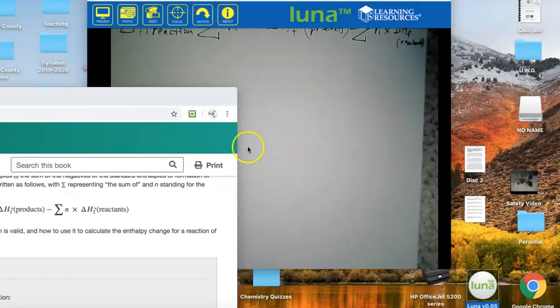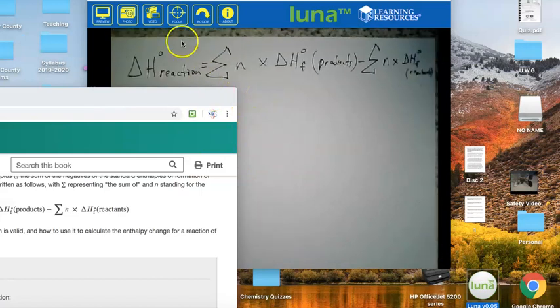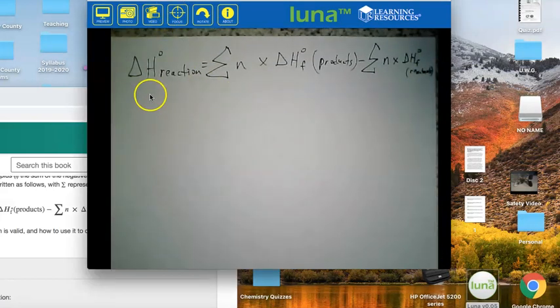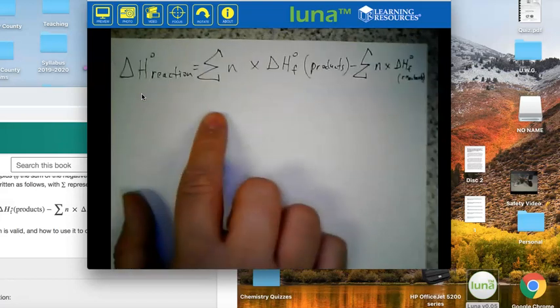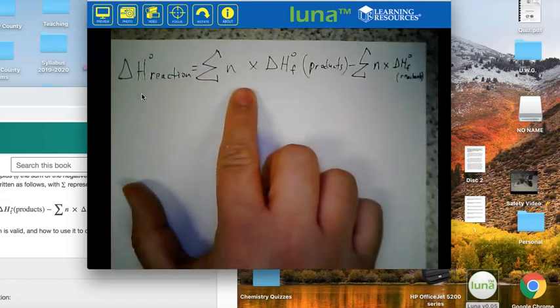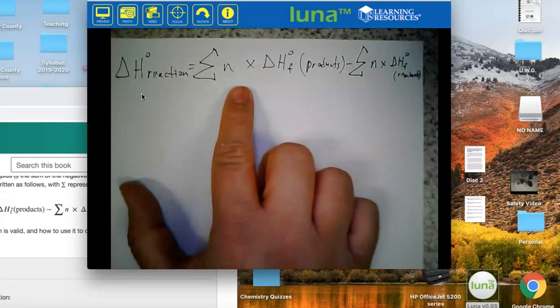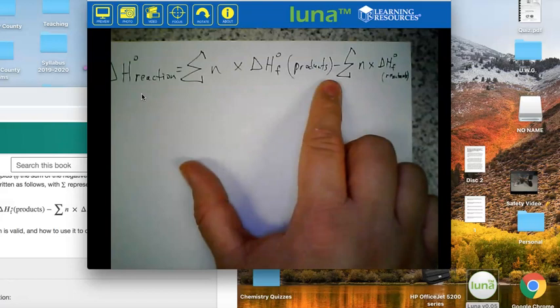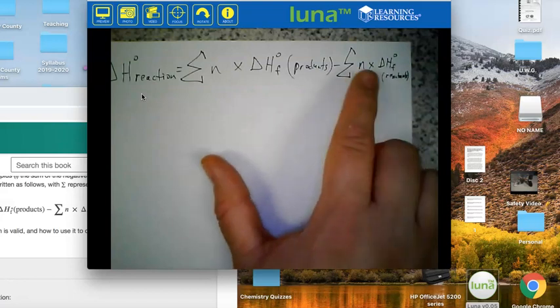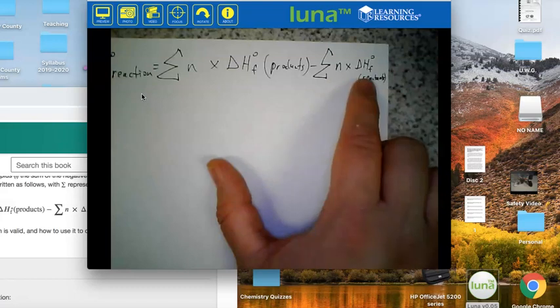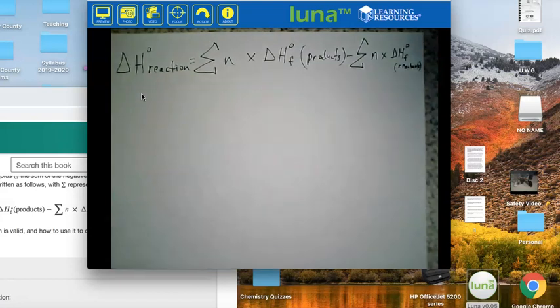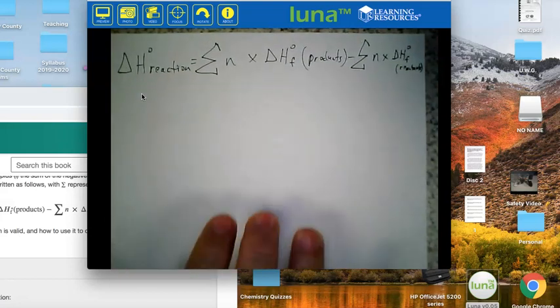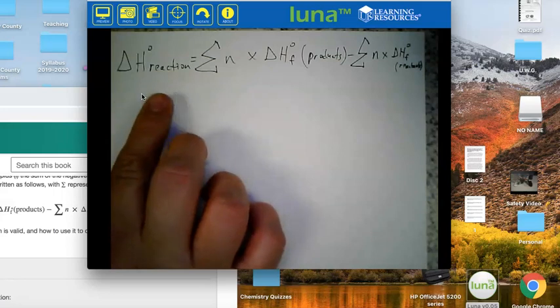So the standard enthalpy of the reaction is going to be the sum of the coefficients of the products times their standard enthalpy of formation, minus the summation of the coefficients times the standard enthalpy of formation for the reactants. Okay, so we're going to do a calculation using this equation to figure out the standard enthalpy for the reaction.